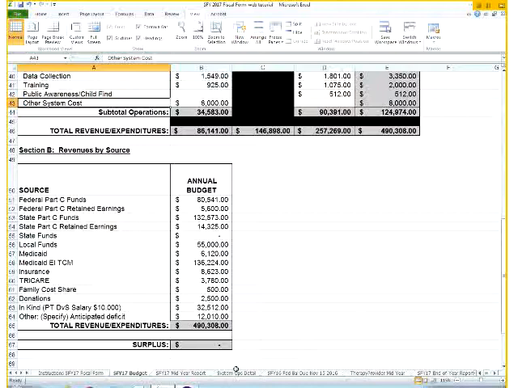However, it is possible for your local system to provide services and or positions in kind to your program. If that is the case, this is where that information will be captured. As you can see from our example, we have documented here that a part-time developmental services salary of $10,000 is provided in kind to the Part C program for this specific local system.